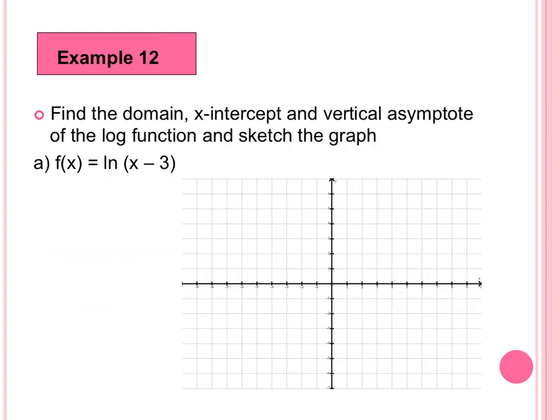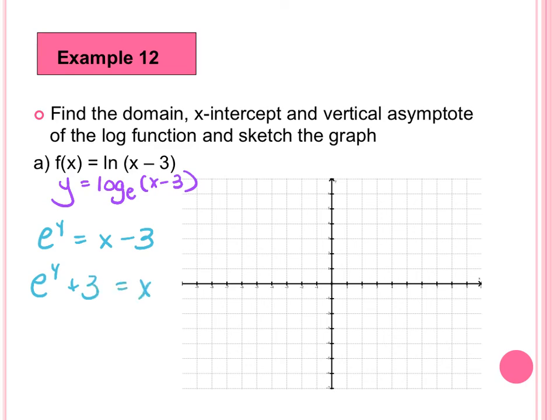Okay, last example graph, so I'm just going to get it started. This would be rewritten as log base e of x minus 3 equals y. So when you're graphing, you have to change it to log base e because now we're going to convert it into exponential. e to the y equals x minus 3 and e to the y plus 3 equals x.